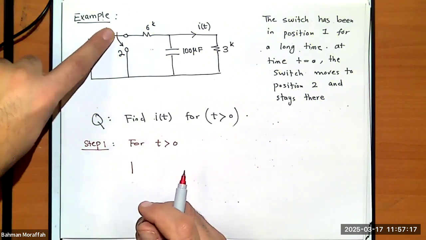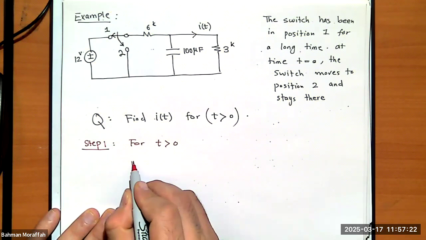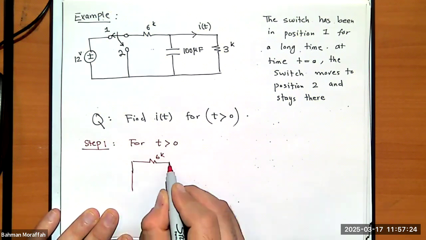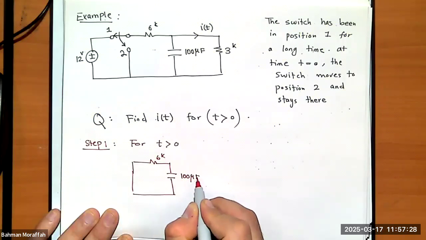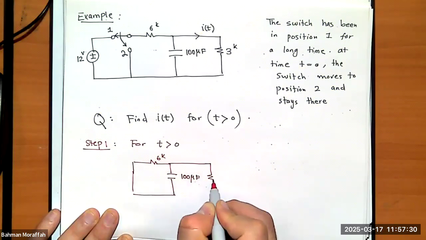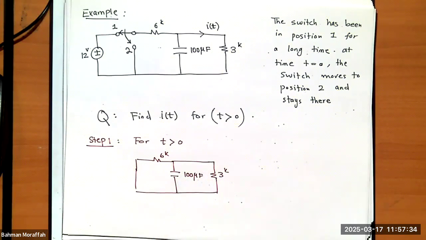It's going to be open here, so there's going to be nothing over there. So it would look like this. Do you agree this is my circuit for time greater than 0?